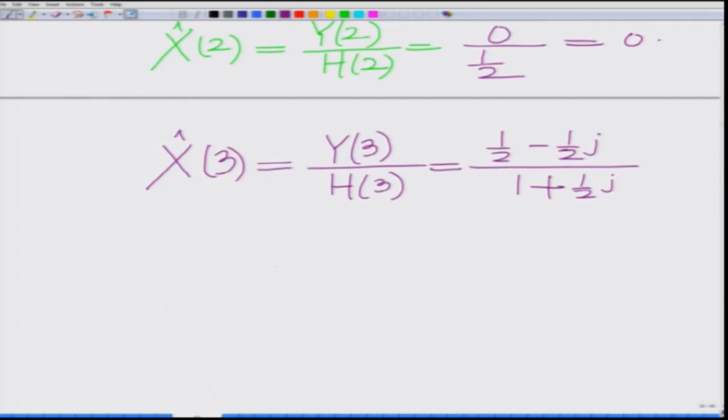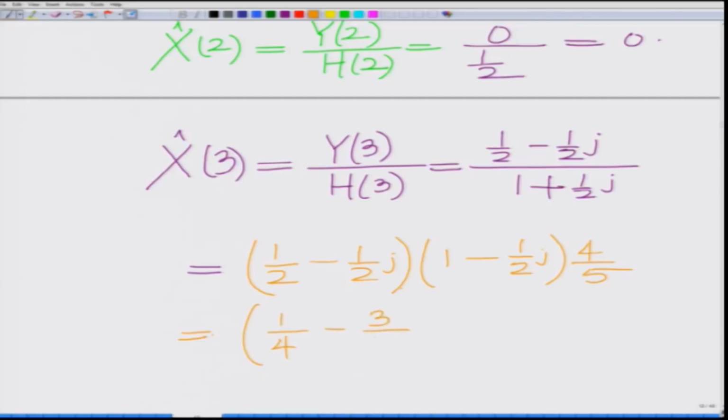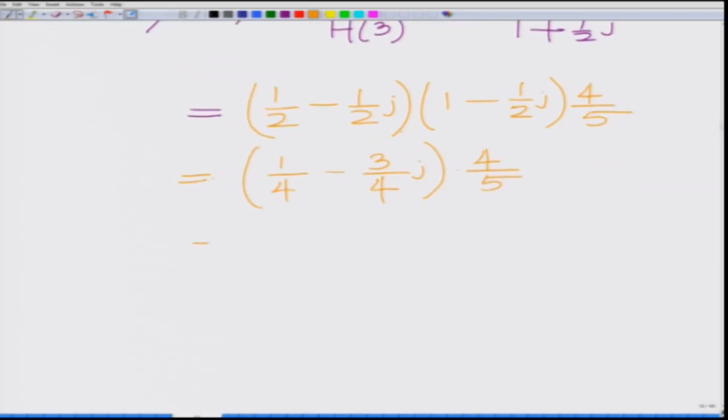This can again be simplified using the properties of complex numbers as half minus half j times 1 minus half j into 4 by 5, which is equal to 1 by 4 minus 3 by 4 j into 4 by 5, which is equal to 1 by 5 minus 3 by 5 j.